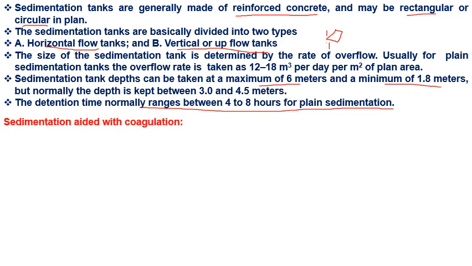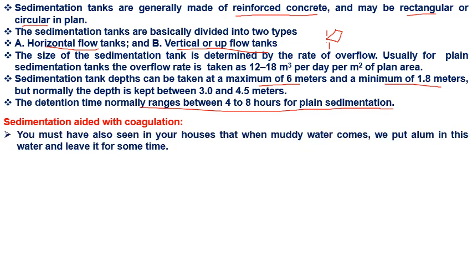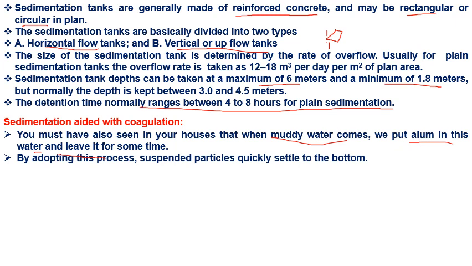The next process is sedimentation aided with coagulation. We must have also seen in our houses that when muddy water comes, we put alum in this water and leave it for some time. By adopting this process, suspended particles quickly settle down to the bottom.